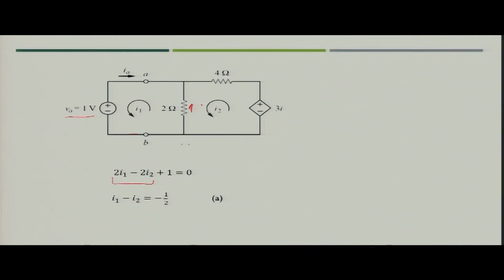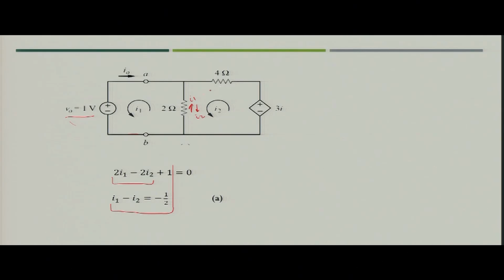So, this would be I1 and this would be the direction of I2. So, this will become 2 times (I1 minus I2) plus 1, that is the voltage source which we have connected. Since we are going from plus to minus, it will be a plus sign here. If you simplify, this will become I1 minus I2 equal to minus 1 by 2.